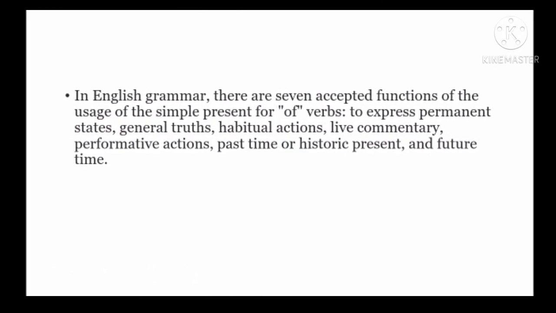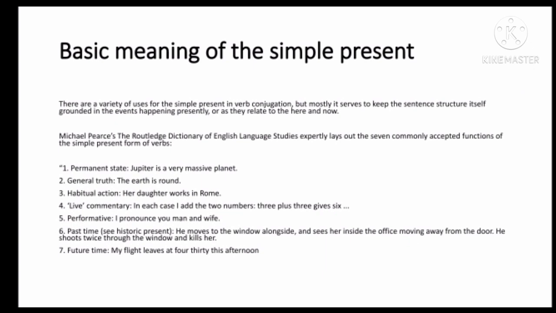Next, in English grammar, there are 7 accepted functions of the simple present form of verbs: to express permanent states, general truths, habitual action, live commentary, performative action, past time or historic present, and future time. Basic meaning of the simple present.